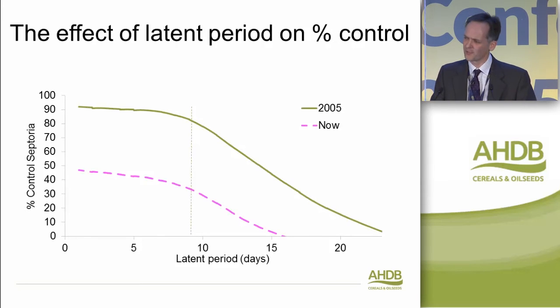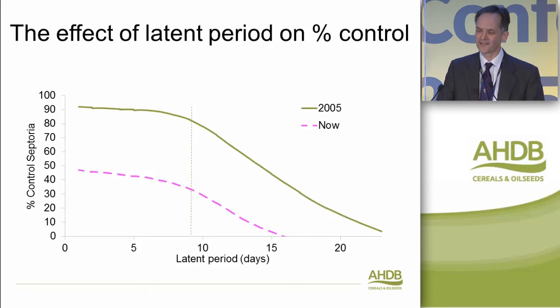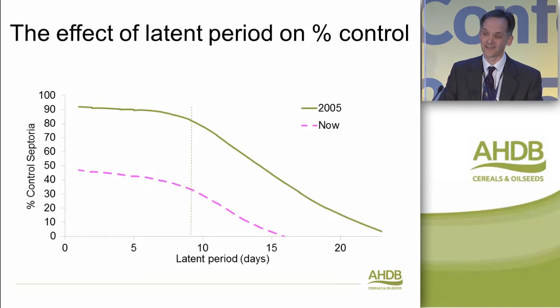So that activity that we're getting in that early phase of the latent period is more important perhaps than that we get later. And during that period, we're probably getting more than 40% control from the azoles. Now that's control that we're not going to see from any multi-site that we've added, and that control that we're getting, that activity that we're getting in that curative period is what will help to protect the SDHIs.